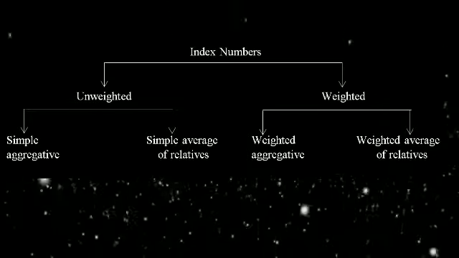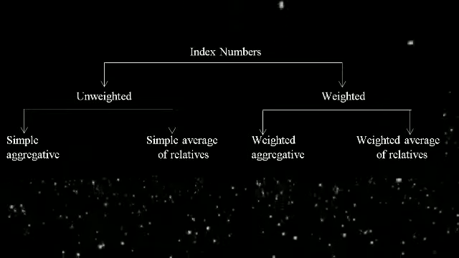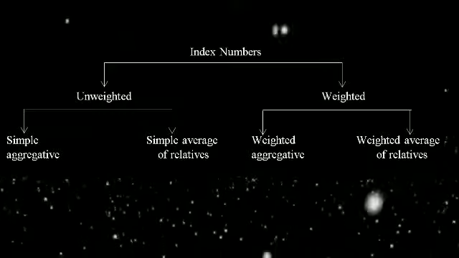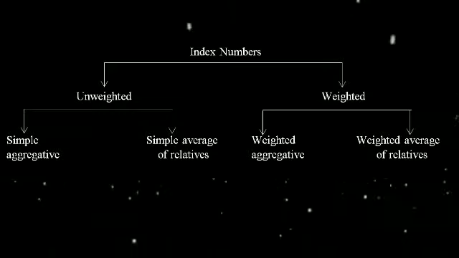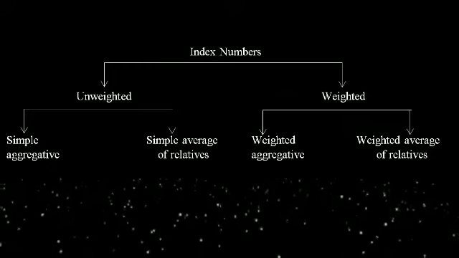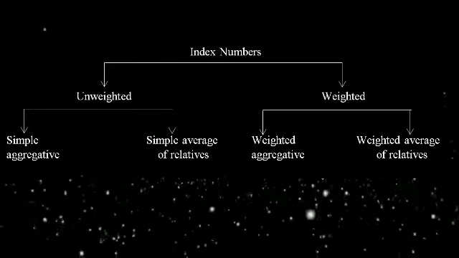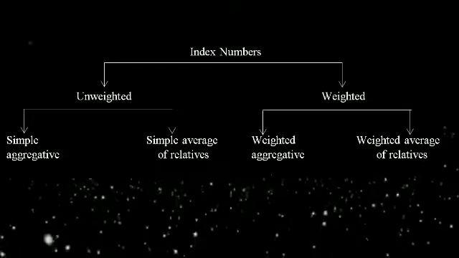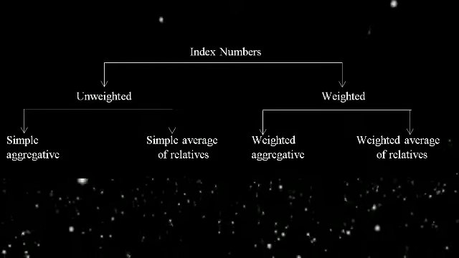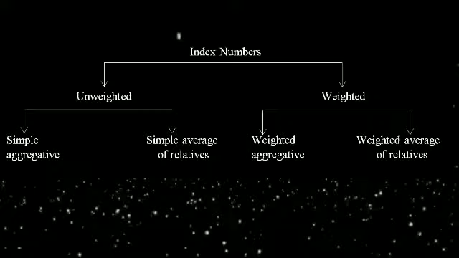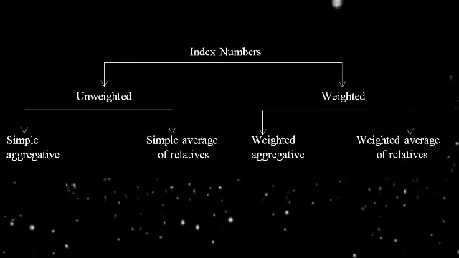Under unweighted or simple index number, the first category is simple aggregative index number and simple average of relatives index number. Similarly, weighted index number is also subdivided into two more categories, that is weighted aggregative index number and weighted average of relative index number.